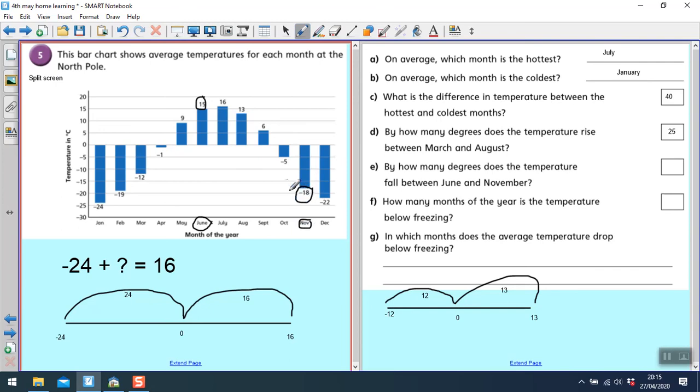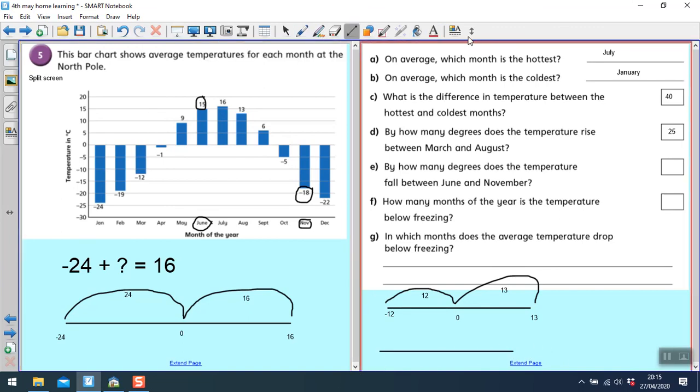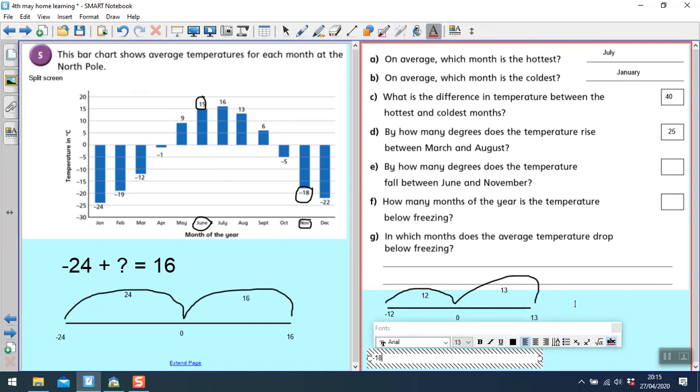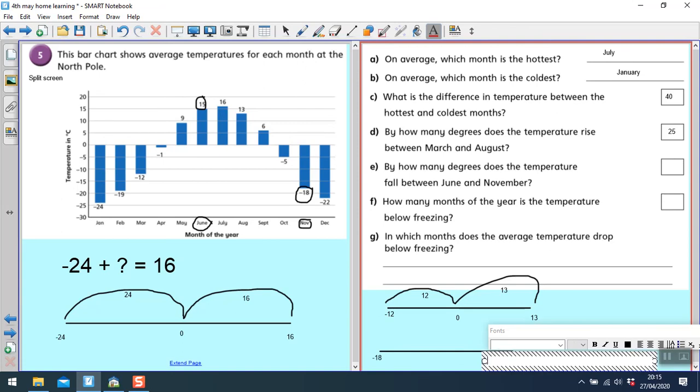How much has it fallen from 15 down to negative 18? So how much is there between 15 and negative 18? You could draw yourself a number line again. So negative 18 is going to go on this side, and 15 is going to go on this side.